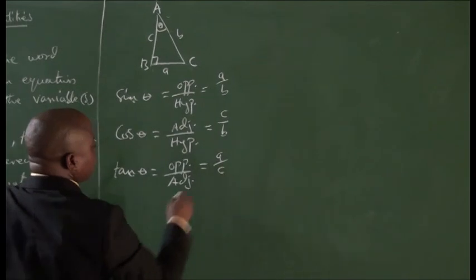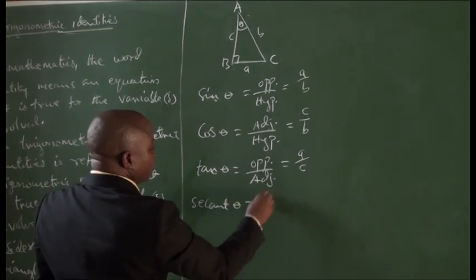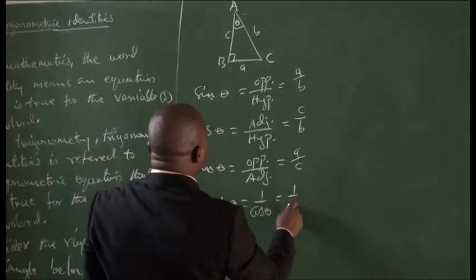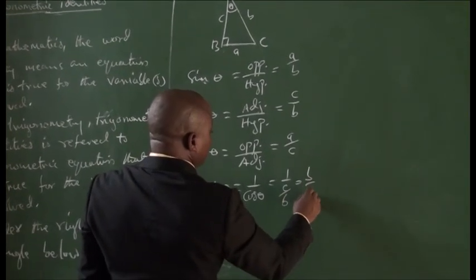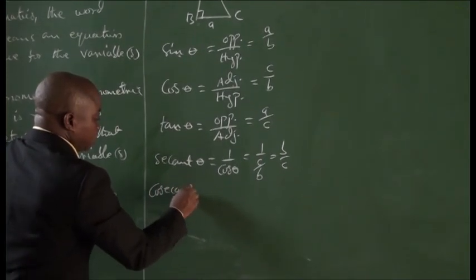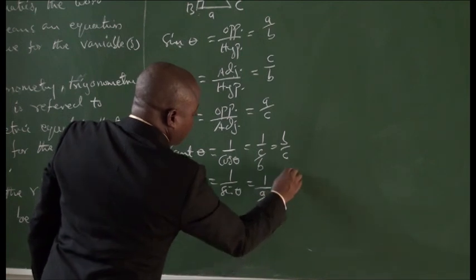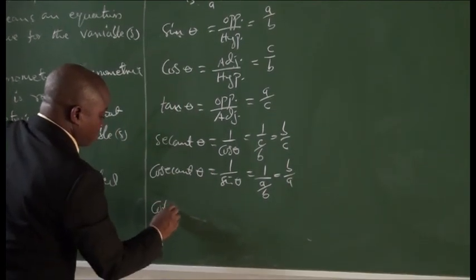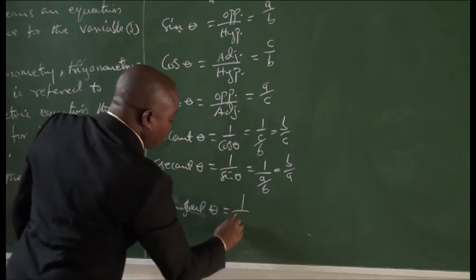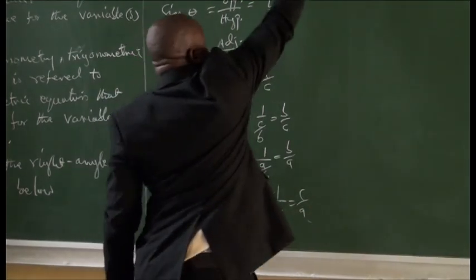That is A over C. So it follows that secant theta will be 1 over cos theta, which is 1 over C over B, which is B over C. All right, so cosecant theta is 1 over sine theta, which is 1 over A over B, and this is B over A. Now we have cotangent. Cotangent theta is 1 over tan theta, which is 1 over A over C, which is C over A, right?